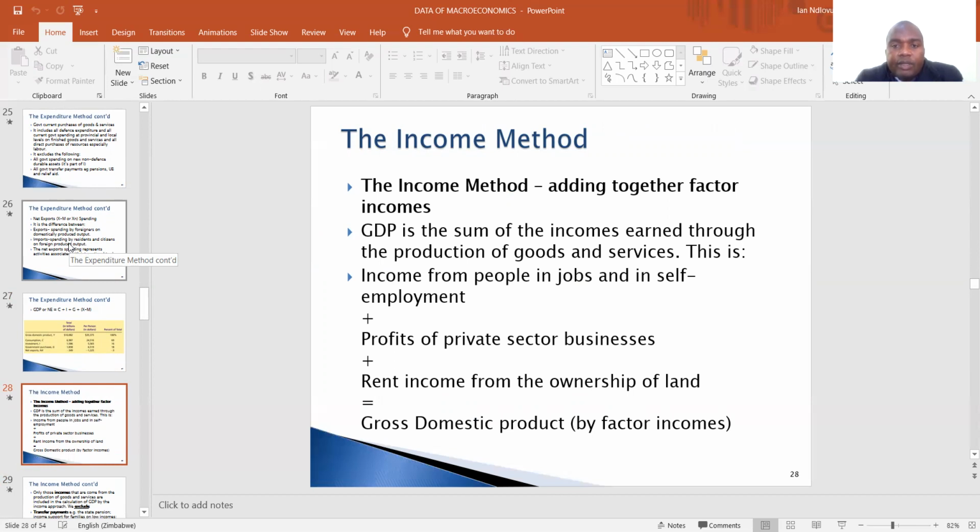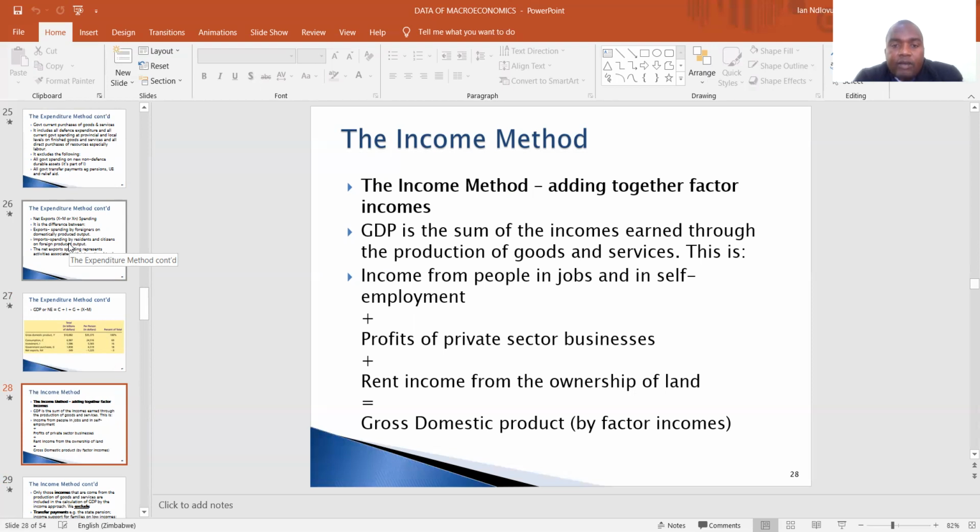National income, the income method, is a method of measuring national income where we add factor incomes in figuring out GDP. Let us just recall that GDP, which was reckoned as a summation of expenditures under the previous method, the expenditure method, here is reckoned as a summation of incomes earned through the production of goods and services.